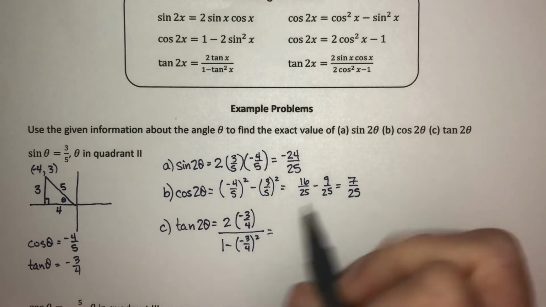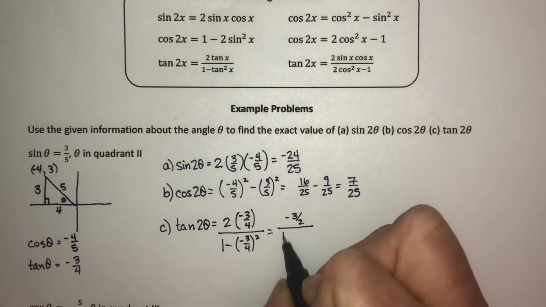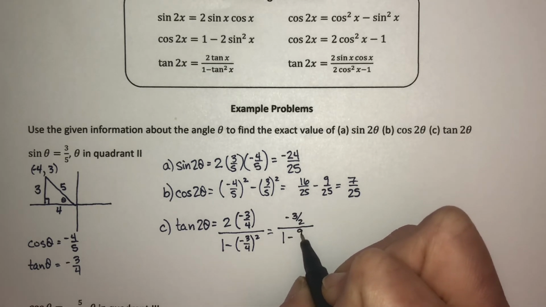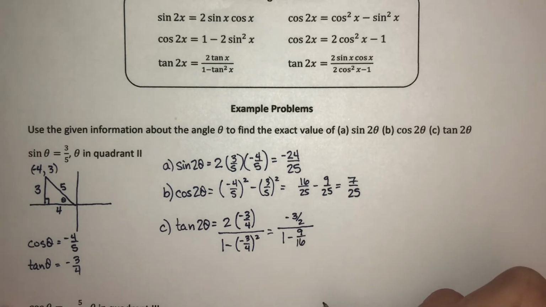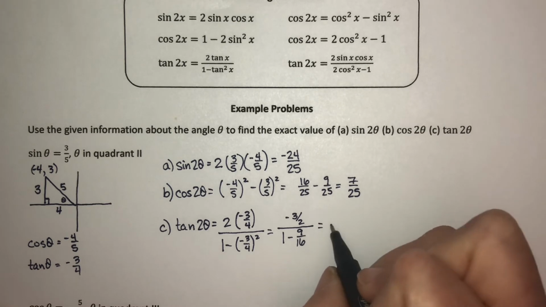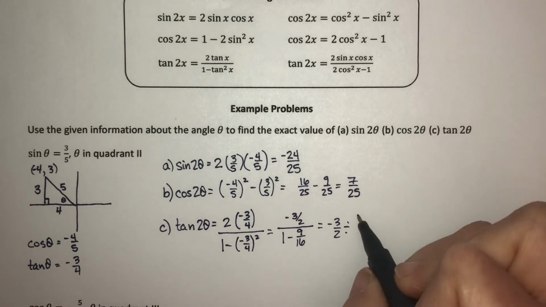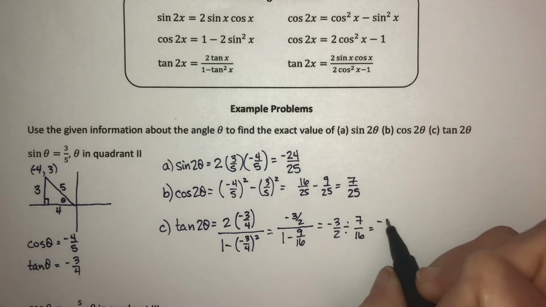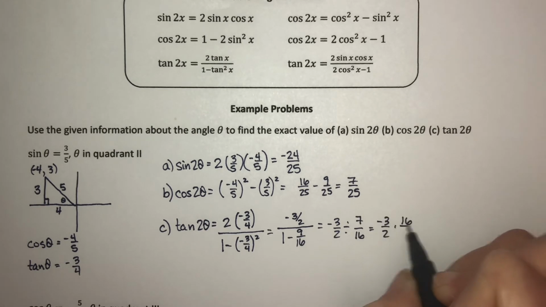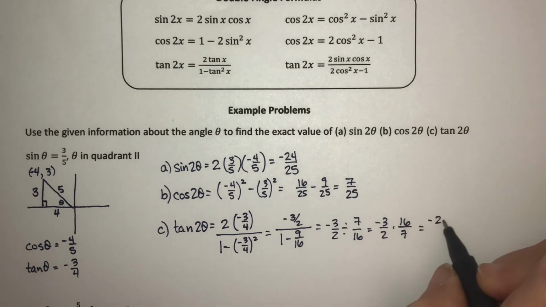So this is -3/2 divided by 1 minus 9 over 16. Okay. And I end up with -3/2 divided by, get a common denominator there, and subtracting, you get 7 over 16, which is -3/2 times 16 over 7, which ends up being -24 over 7.